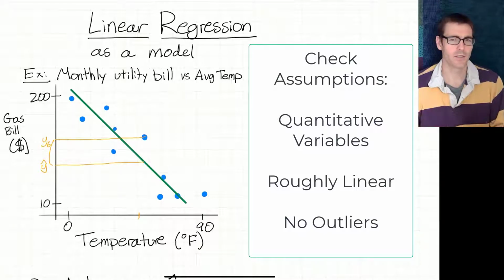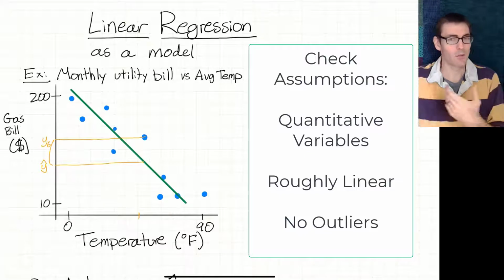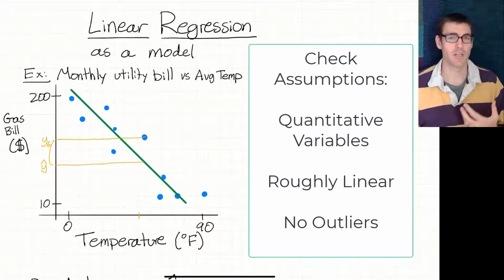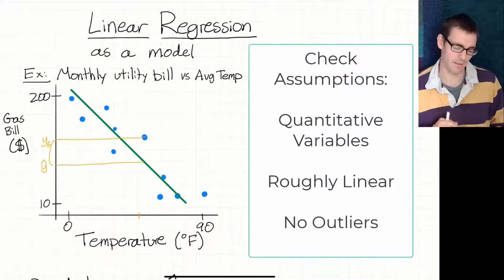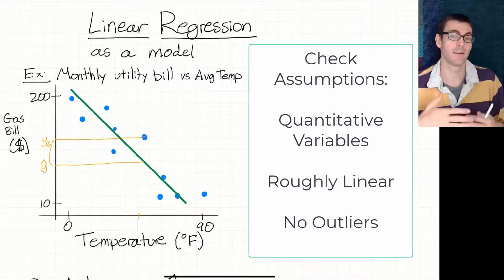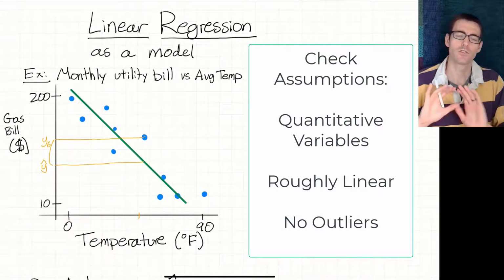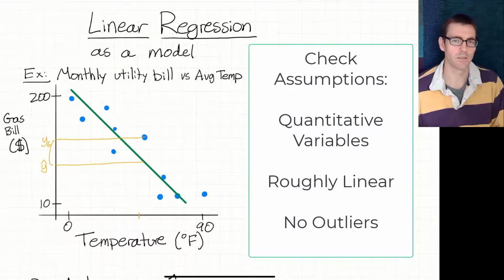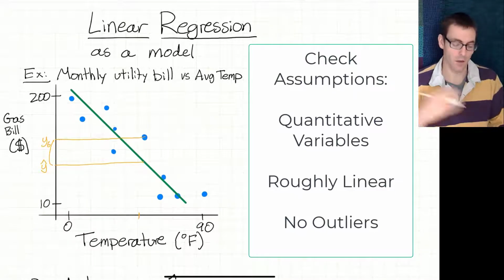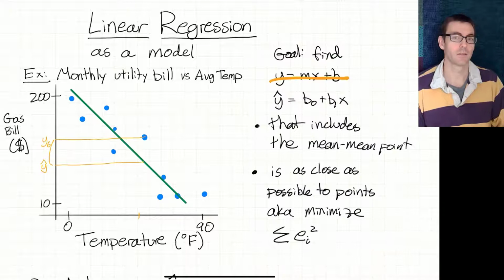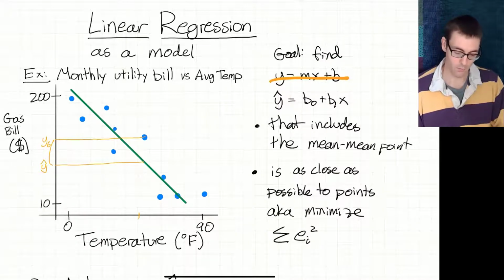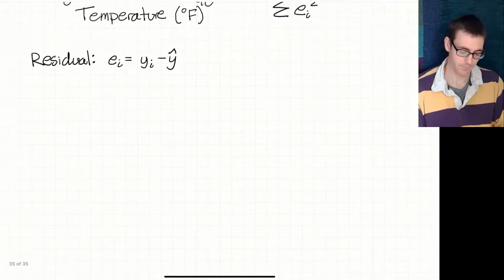As we saw in the discussion on Friday, it's possible for a single point to pretty drastically change things like the correlation coefficient. And as we'll see in a second, that's actually a pretty key piece in finding the equations for these regression lines. Okay, so once we've checked these 3 conditions, we can then move on to saying, all right, let's actually calculate the equation for a regression line.